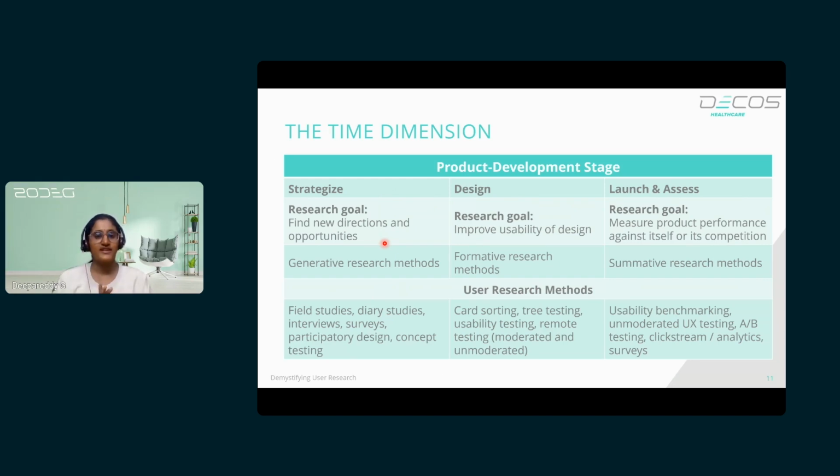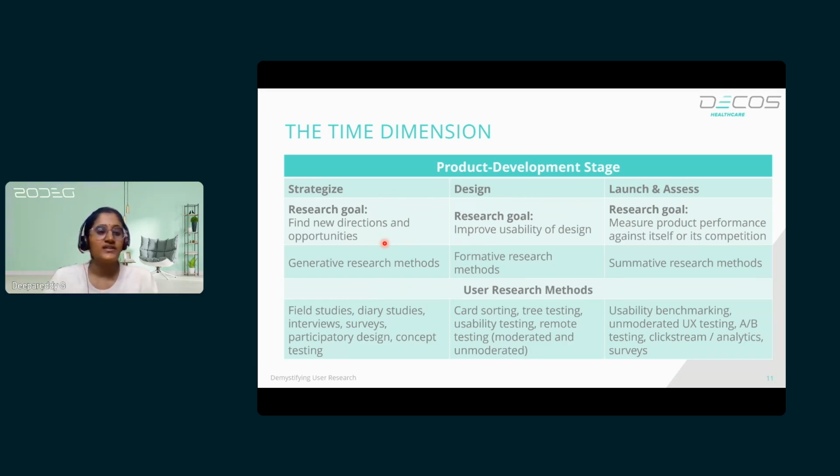This phase requires generative methods that will help us identify opportunities, create new concepts, and decide on a strategic direction. These generative methods are essential for laying the groundwork, ensuring the development process starts with a solid foundation of possibilities.